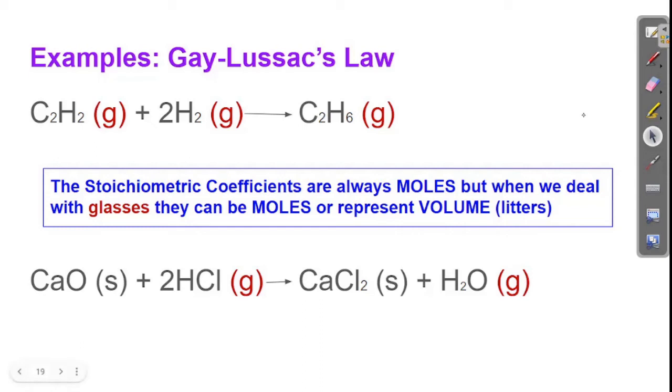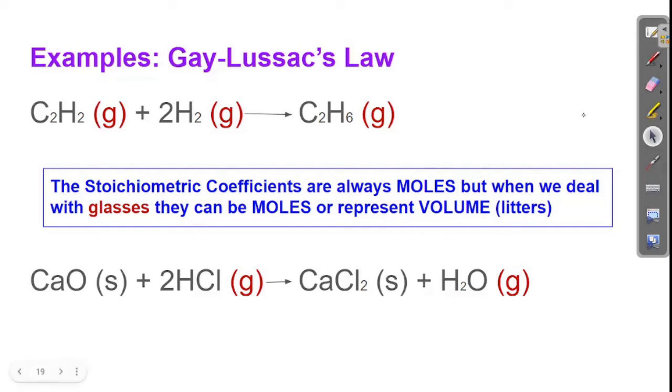Let's look at this one right here. This is a solid, this is a gas, this is a solid, and this is a gas. So this law, the Gay-Lussac law, only works for gases. The only thing you could relate here using this law, so calculating volume in liters, would be the hydrochloric acid and the water.